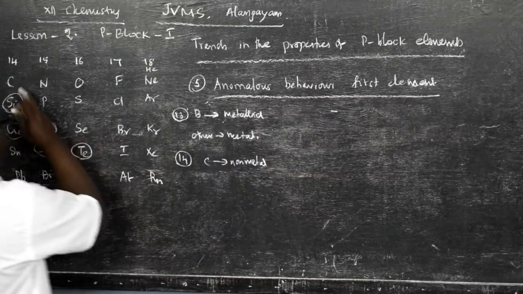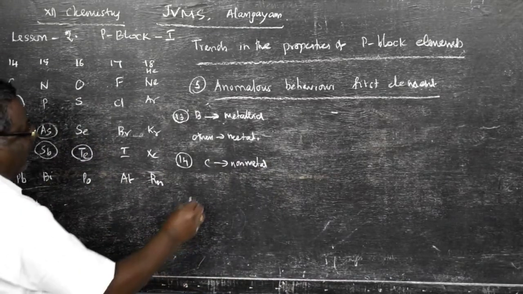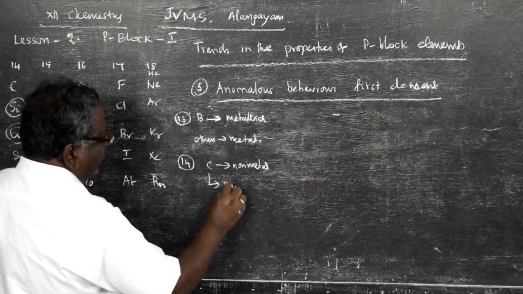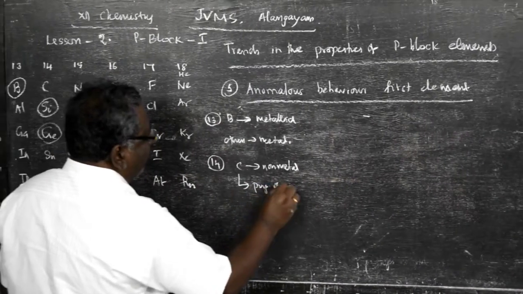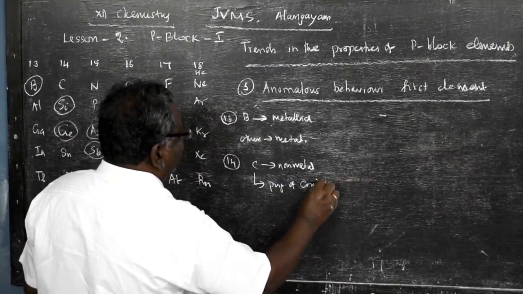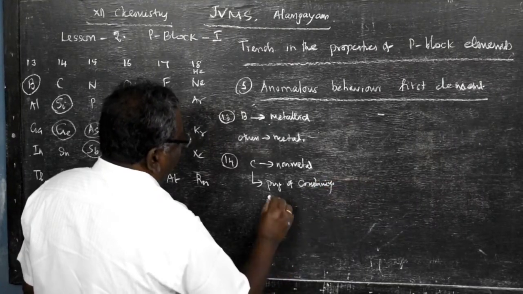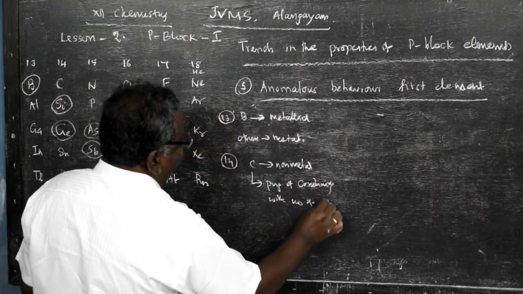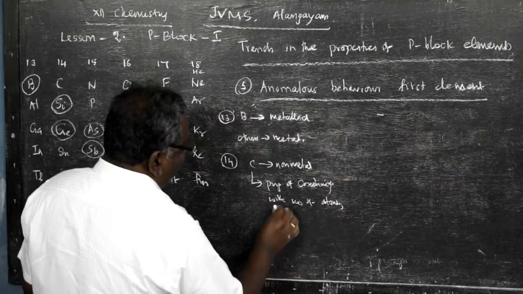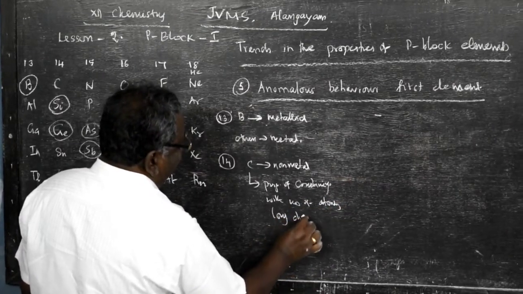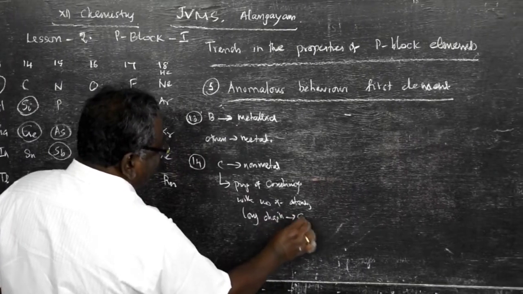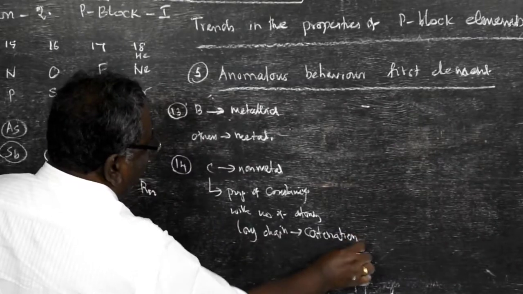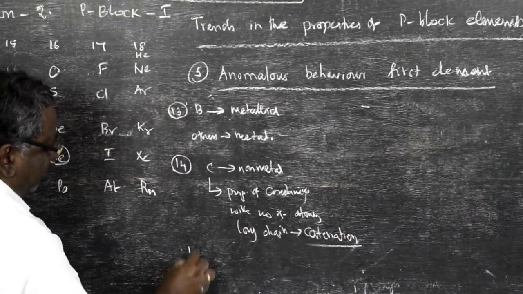Carbon is the only non-metal, and carbon has the property of combining with a number of atoms to form long chains. That property is called catenation. Yes, carbon has the property of catenation.